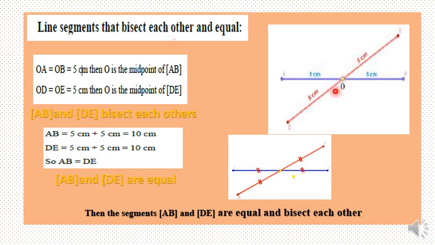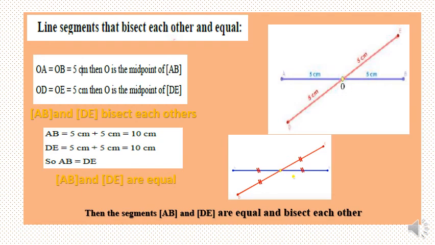They have the same midpoint. So, as you can see, some diagonals bisect each other, some diagonals are equal and bisect each other, and some diagonals don't bisect each other. How can I know? I can know from the given properties.